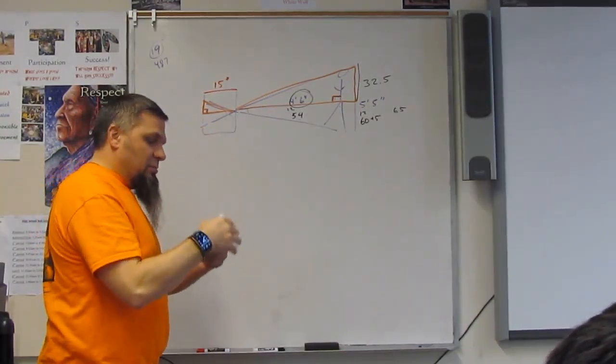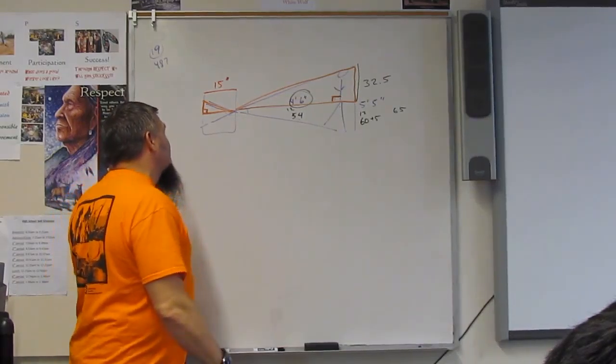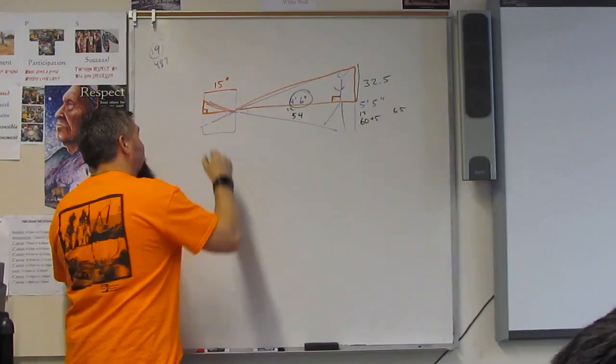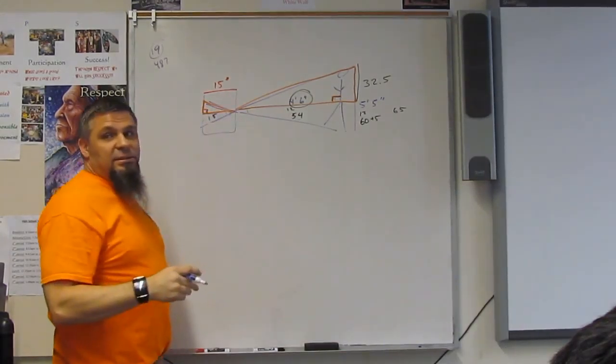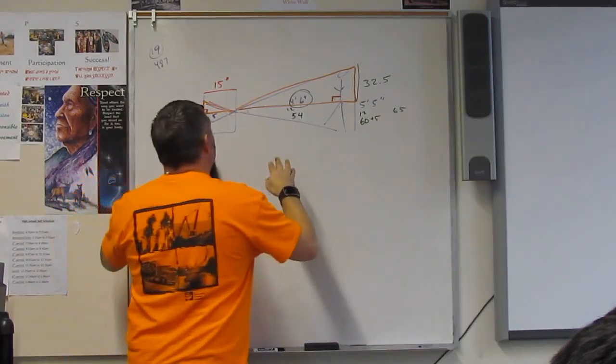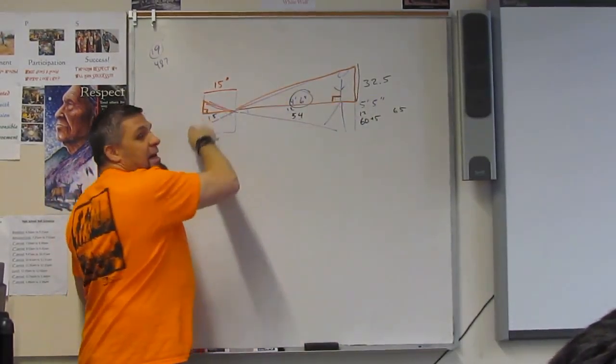This is how I teach my daughter this problem, or any of my students. You take these things and you say, this is to this as this is to that.